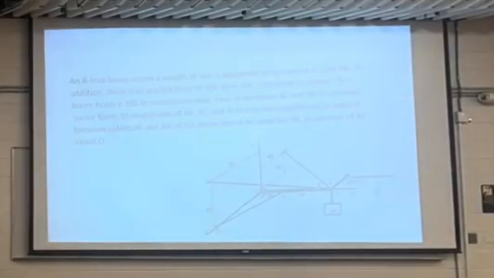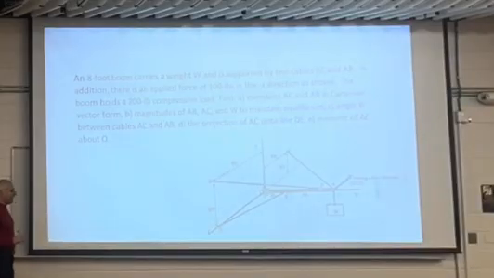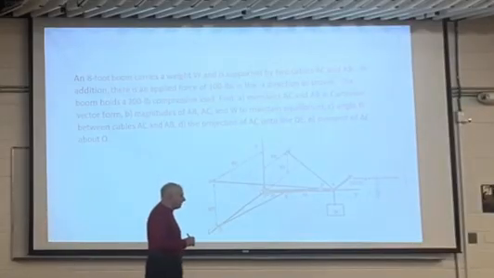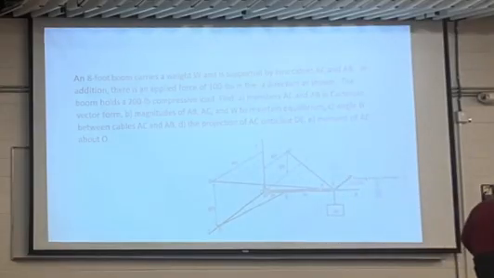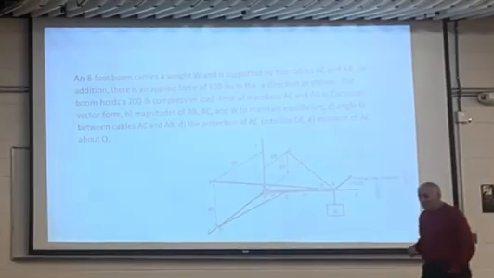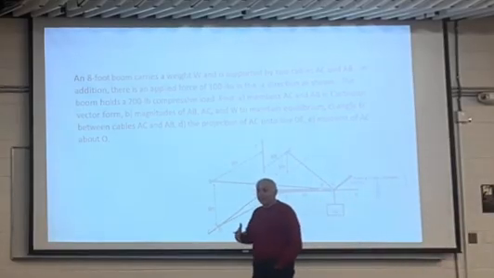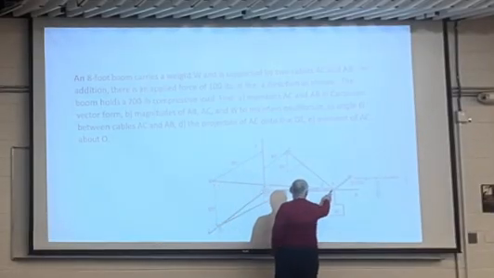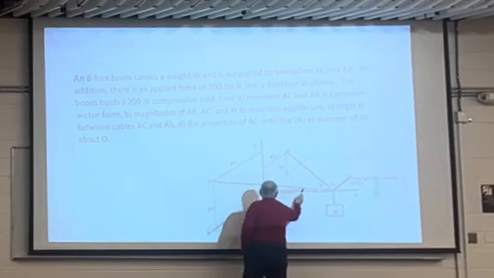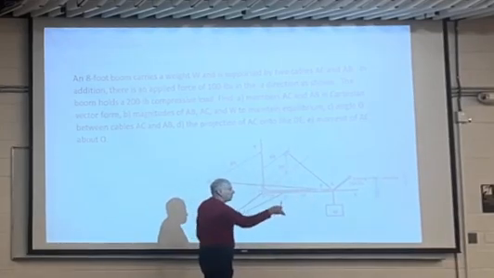What's the first thing you look for? Coordinate system. How did it give me information in that coordinate system? Did it give me alpha, beta, gamma? No. Did it give me a double projection? No. Did it give me a bunch of distances? Yes. So I have to go through the 5-step process in order to express all the forces, this cable tension AC, this cable tension AB, in terms of IJK.